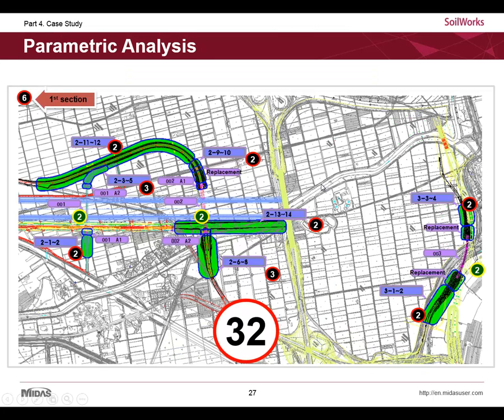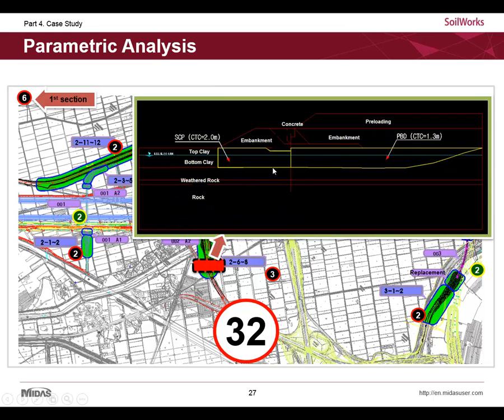Okay, after preliminary analysis, we can classify which sections need detailed analysis. Like this section, where the residual settlement within 2 years exceeds the allowable one, we need to apply preloading to reduce the residual settlement and drainage to accelerate the consolidation.